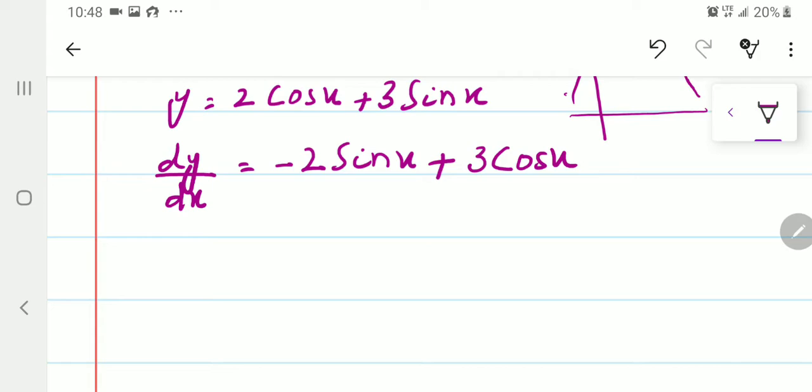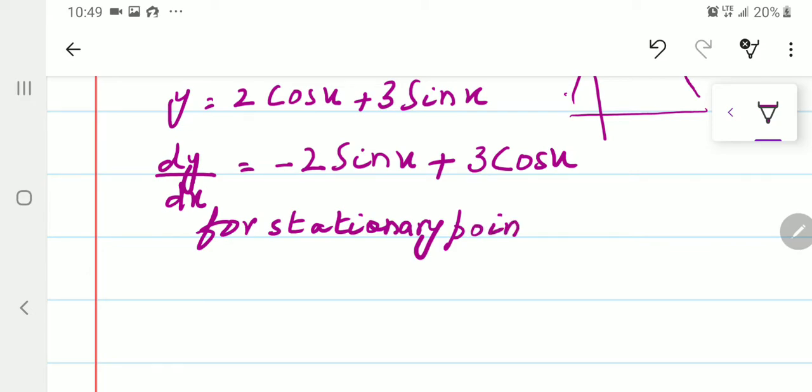Now we need the stationary point, and we have discussed that at the stationary point dy upon dx is equal to 0. So for a stationary point, dy upon dx must be equal to 0.